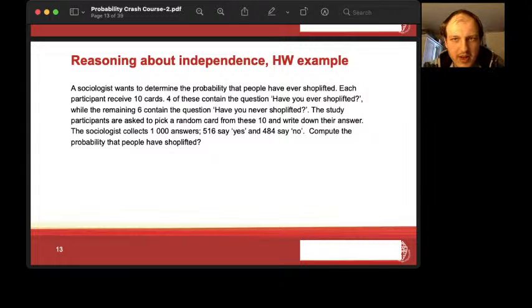So you should be all familiar with this question. Yes, it's independent if it's true.